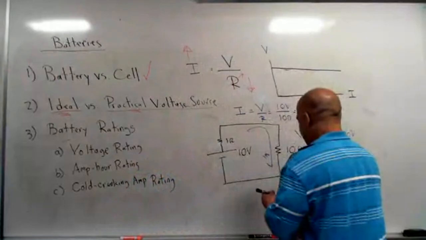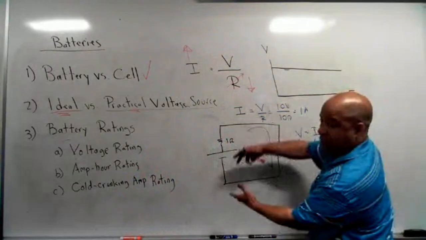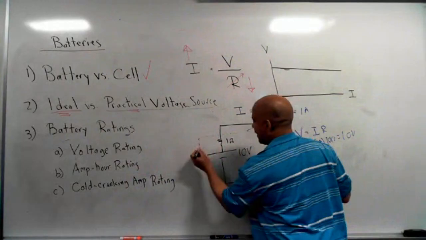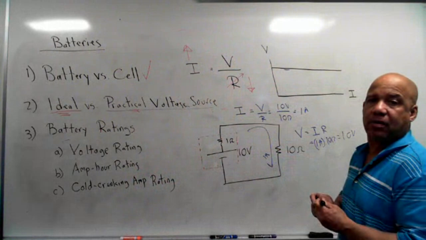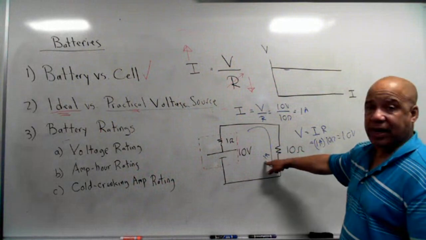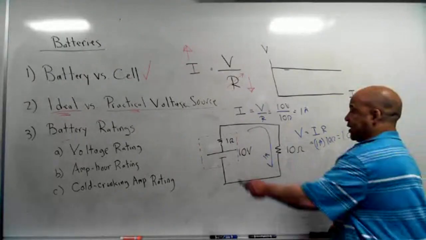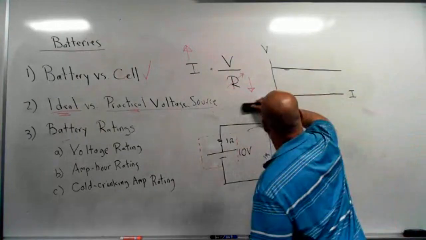So then you would have to put this box around it to show that this isn't an individual resistor, it's actually part of the battery. You put this dotted line around it. Now, like I said, an internal resistance. You see what happened now? Before we thought that the current flow here was 1 amp and that this got 10 volts across it. Let's see what it really is if the internal resistance of my battery is 1 ohm.